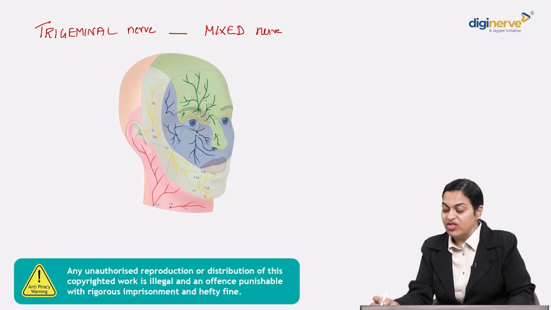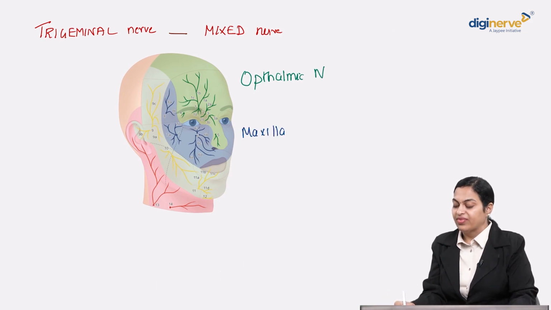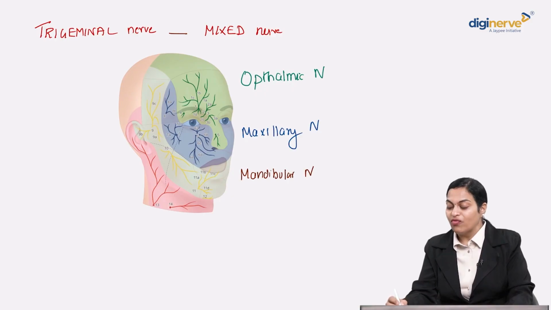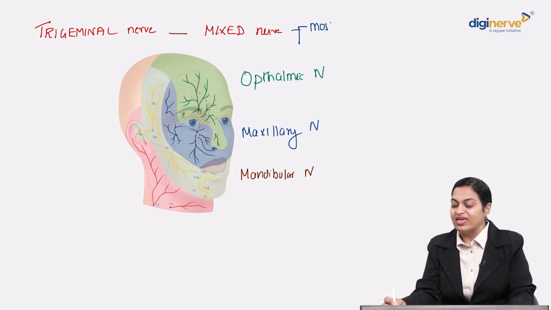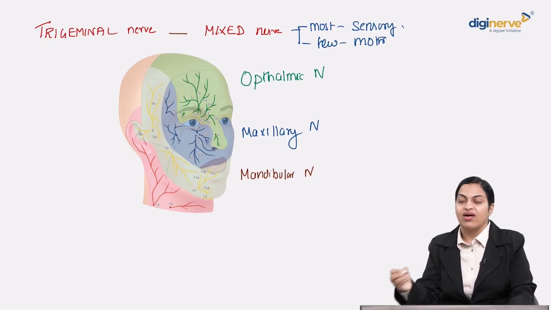What are the three divisions of the trigeminal nerve? The ophthalmic nerve, the maxillary nerve, and the mandibular nerve. And we know that the trigeminal nerve is a mixed nerve. Most of it is going to be sensory, and a few fibers of it are going to be motor.